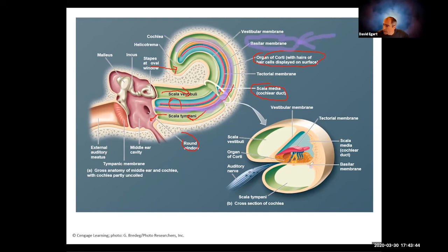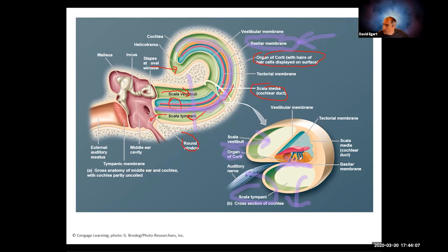One reason is, so here's the basilar membrane again, if we did a cross section through here. So we've got the tympanic duct here. The sound's coming in here, kind of coming back this way. Sitting on top of this basilar membrane is what we call the organ of Corti.